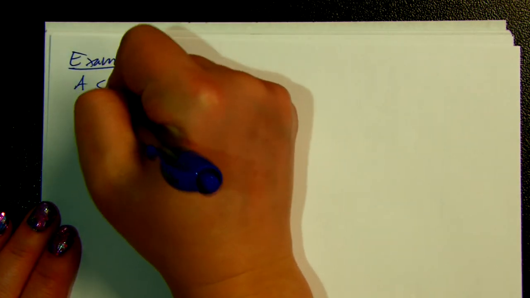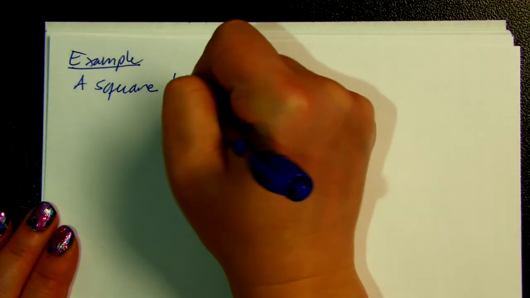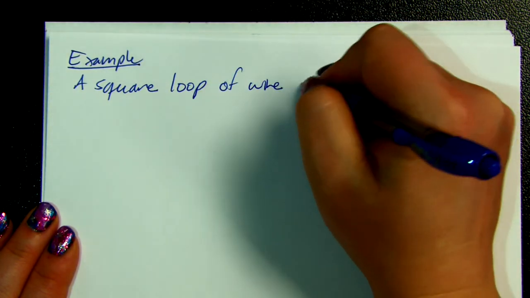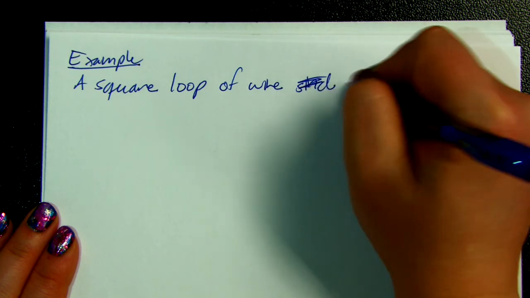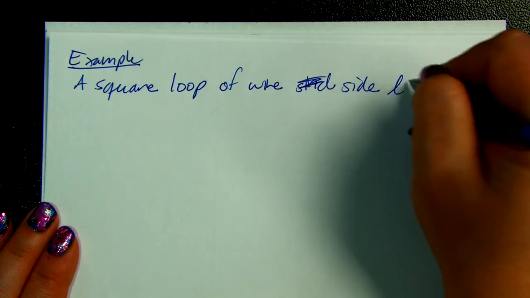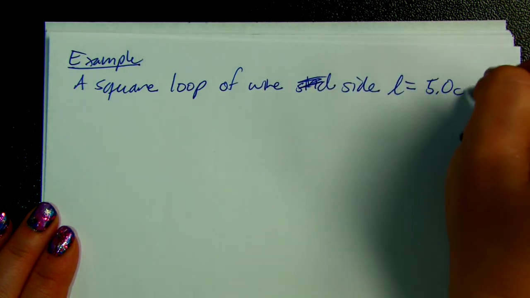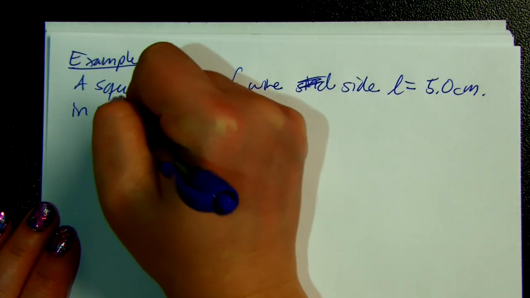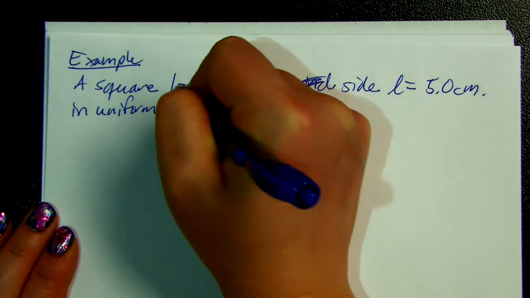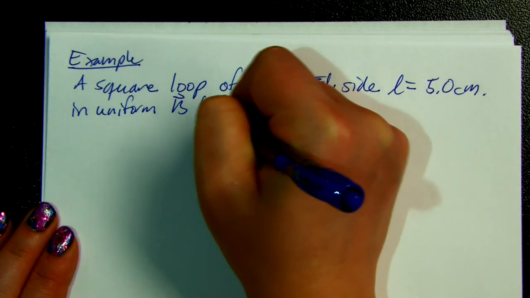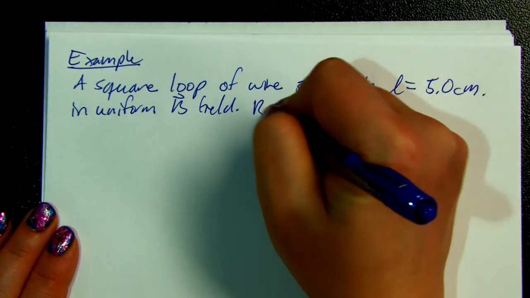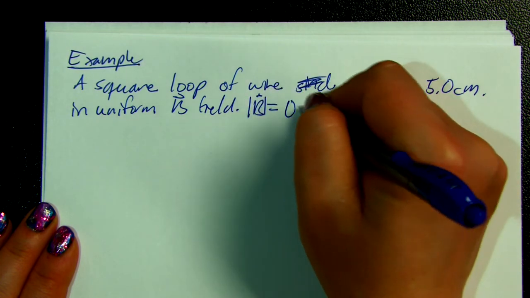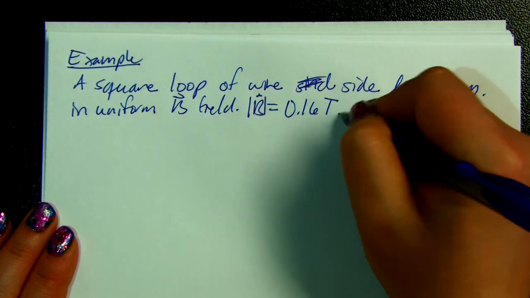We have a square loop of wire with sides L equal to 5.0 centimeters in a uniform B field, where B is equal to 0.16 Tesla.